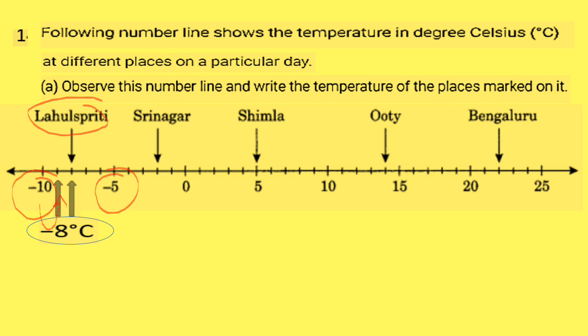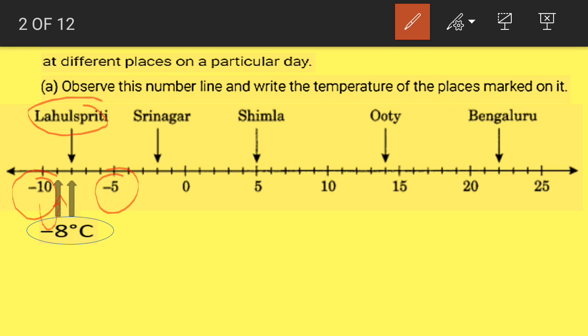Now I have to find for Srinagar as well. So first check where is Srinagar. Srinagar is between -5 degrees Celsius and 0 degrees Celsius. So for finding the temperature, you have to go from -5 towards the right side.